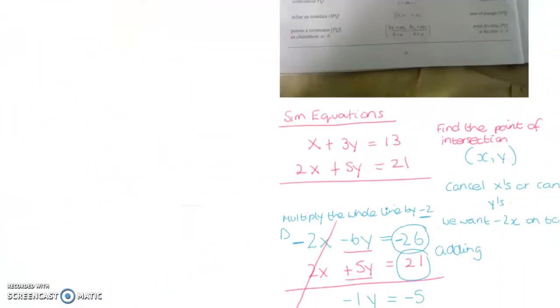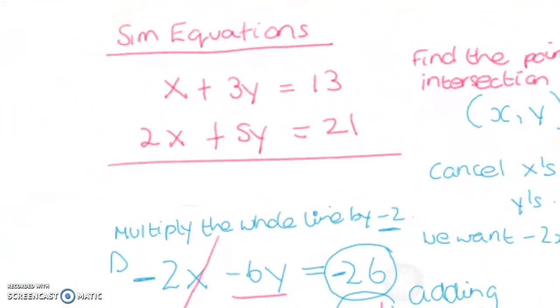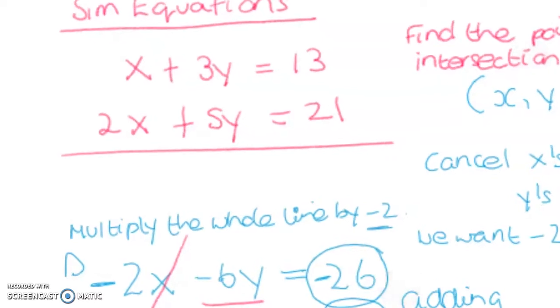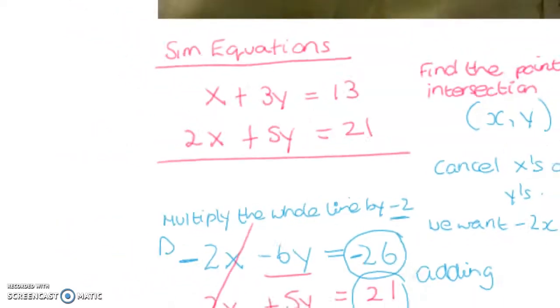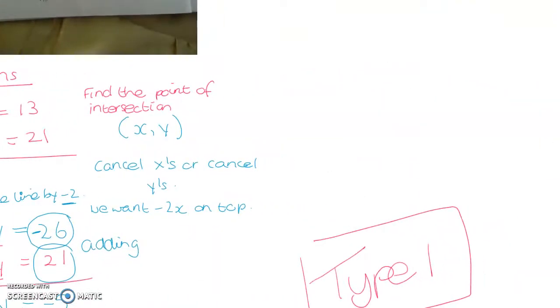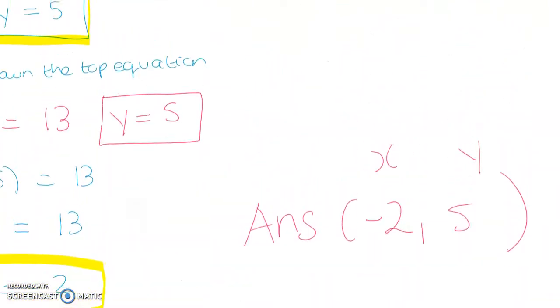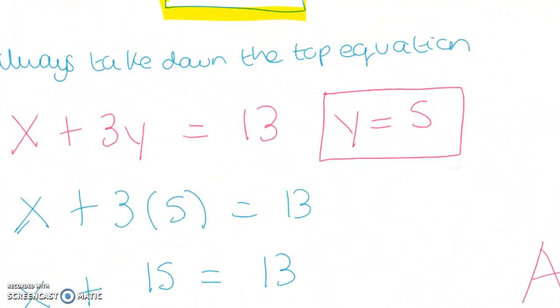You can take down the 2x plus 5y equals 21 if you like, but I always say just go with the top one because it'll work anyway, whichever one you use.